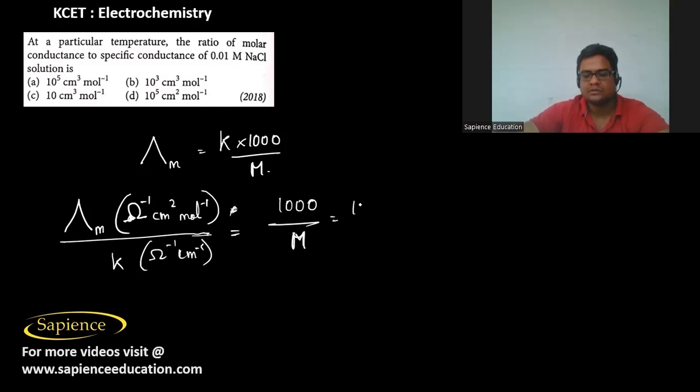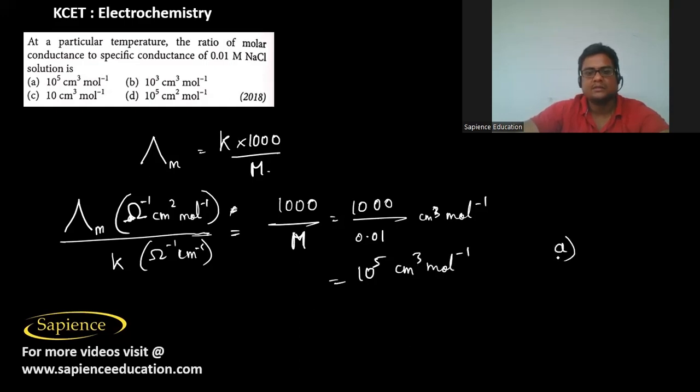So that will be 1000 by 0.01 centimeter cube per mole. So that will be equal to 10 power 5 centimeter cube per mole. So option A is the correct answer.